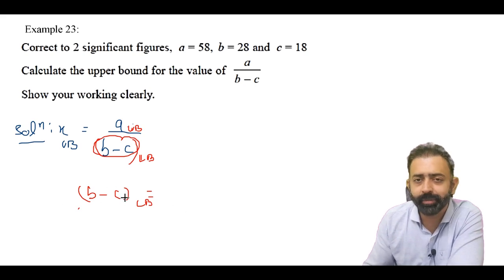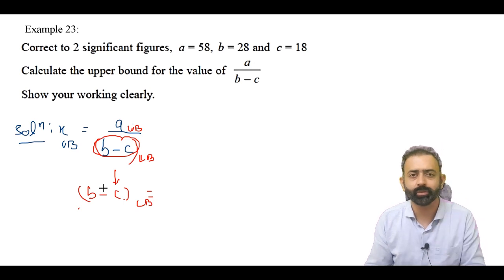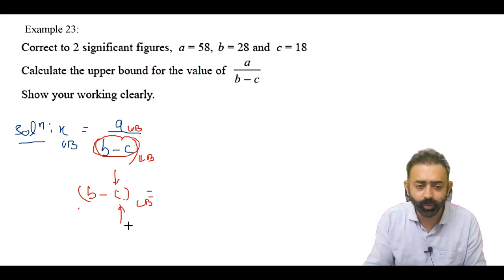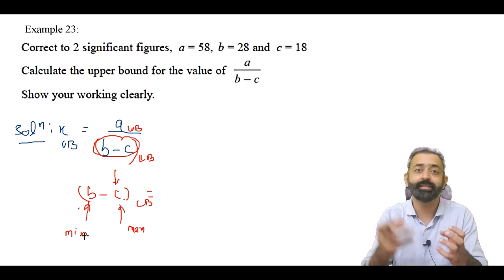The difference will be minimum if this C is maximum, meaning if you subtract the greatest amount from the least amount, you will get the minimum difference. So this C has to be maximum and this B has to be minimum within their own respective ranges of values. I'm not saying that B is minimum means it is less than C.